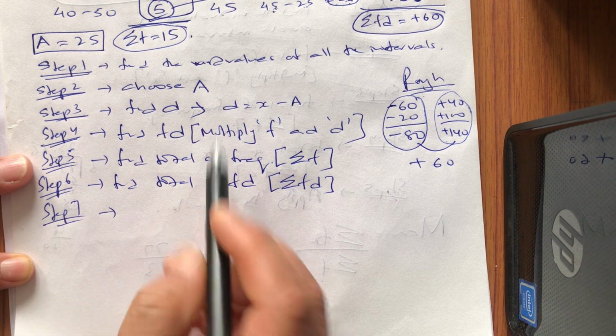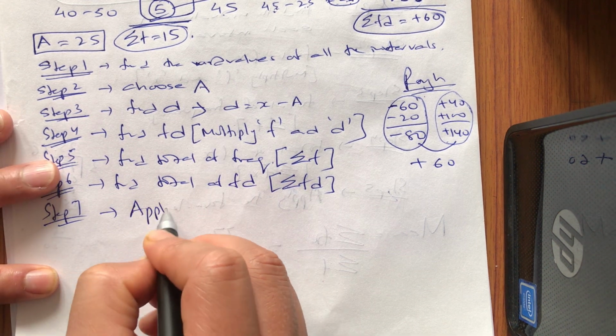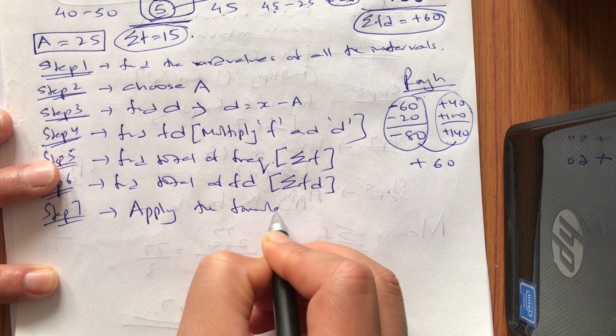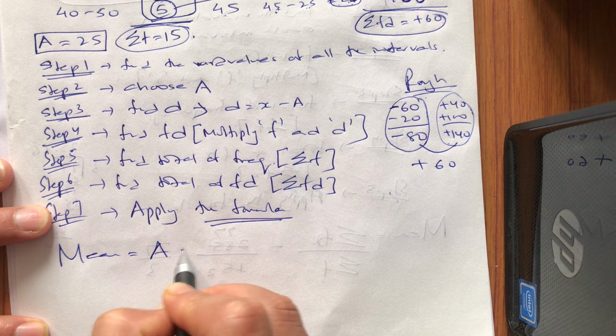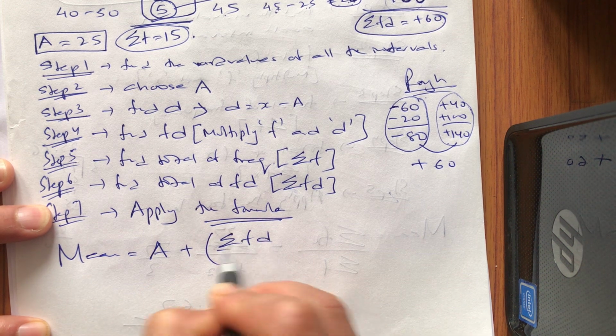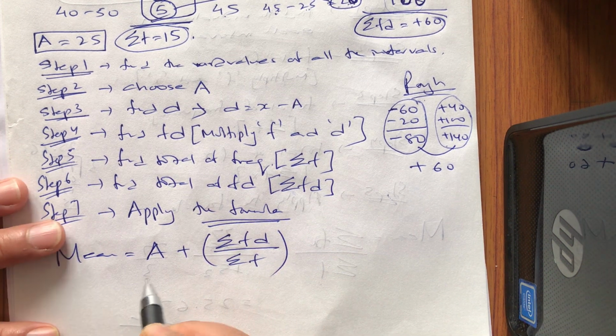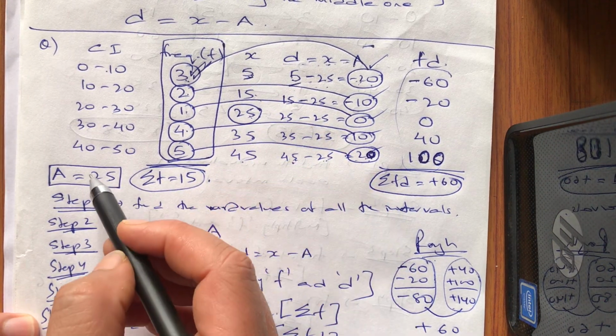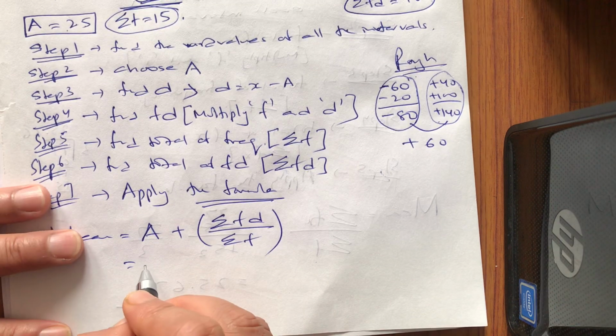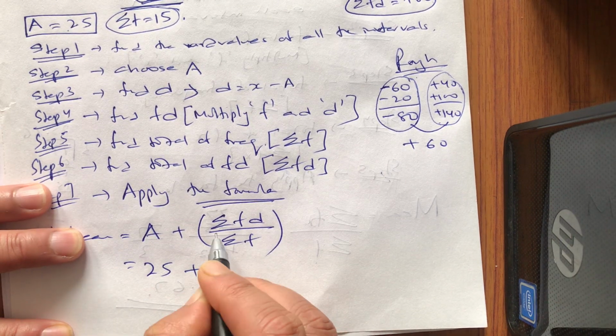Step 7 is after getting all this, please apply the formula. Okay, and the formula to find a mean using a shortcut is A plus bracket sigma FD divided by sigma F. So what was A? We had already chosen A from the mid value. We had chosen the middle one and that was 25 for this particular question. So we write 25 plus, what is sigma FD?